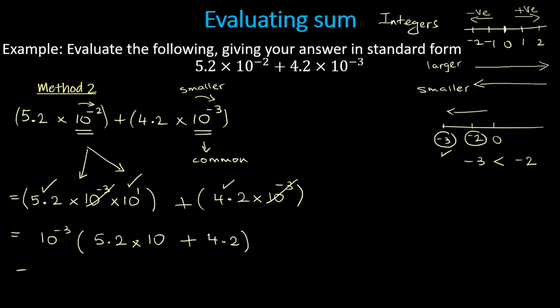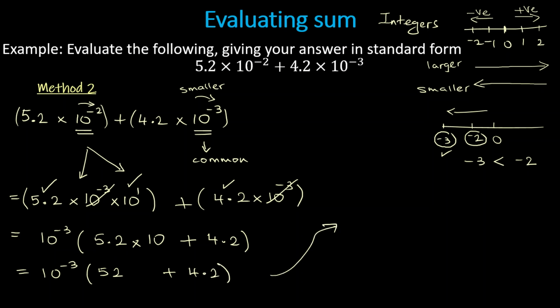Okay, and we continue. This gives 10 power -3 times 5.2 times 10. It is simply 52 plus 4.2.